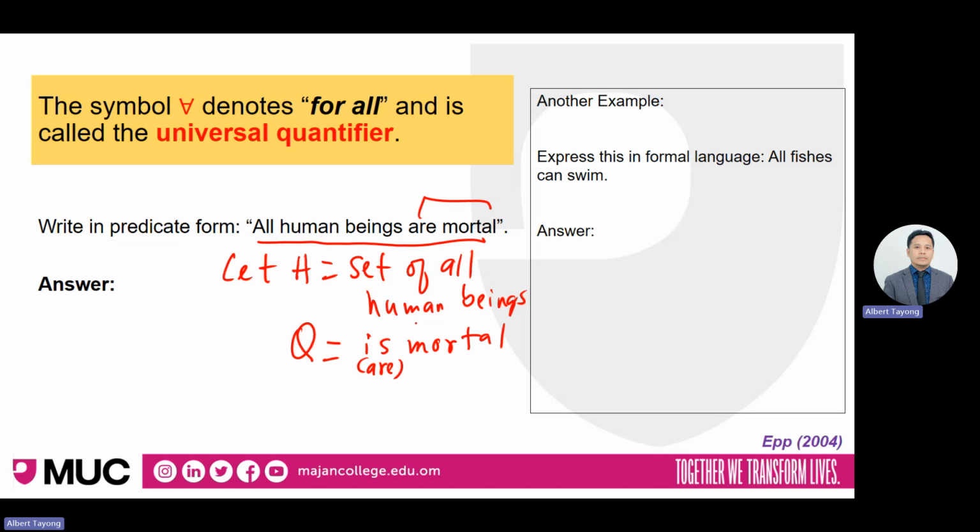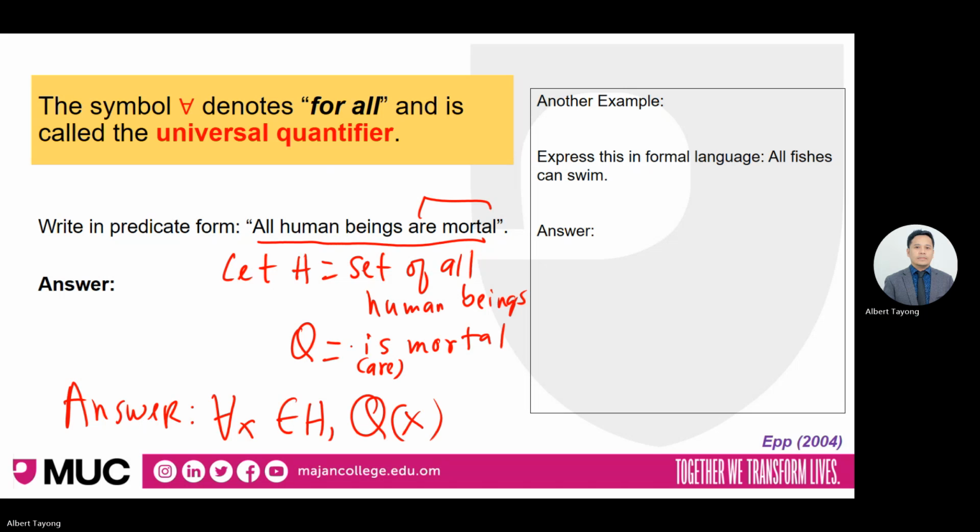This is singular. Then this will become what? Our answer will be: for all X in H, then we have here X has the property of Q. Okay, using this original form.